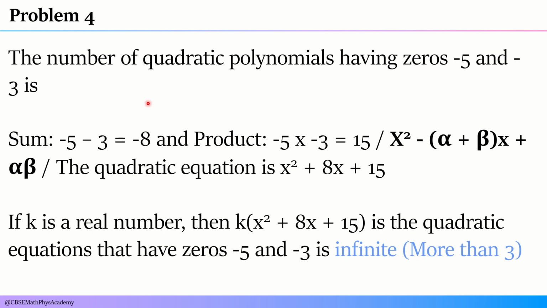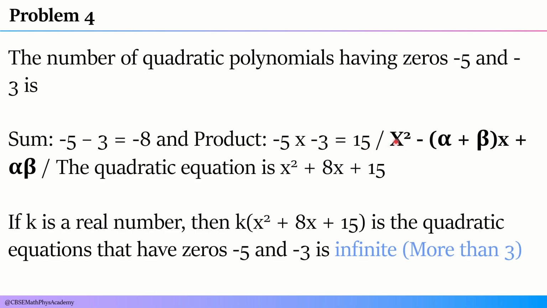So the approach goes this way. Now you know alpha, you know beta. Let us find the sum of the zeros first, which is -5 plus -3, equal to -8. The product of the zeros is -5 into -3, equal to 15. You know how to fit the polynomial equation with the knowledge of the sum and the product.